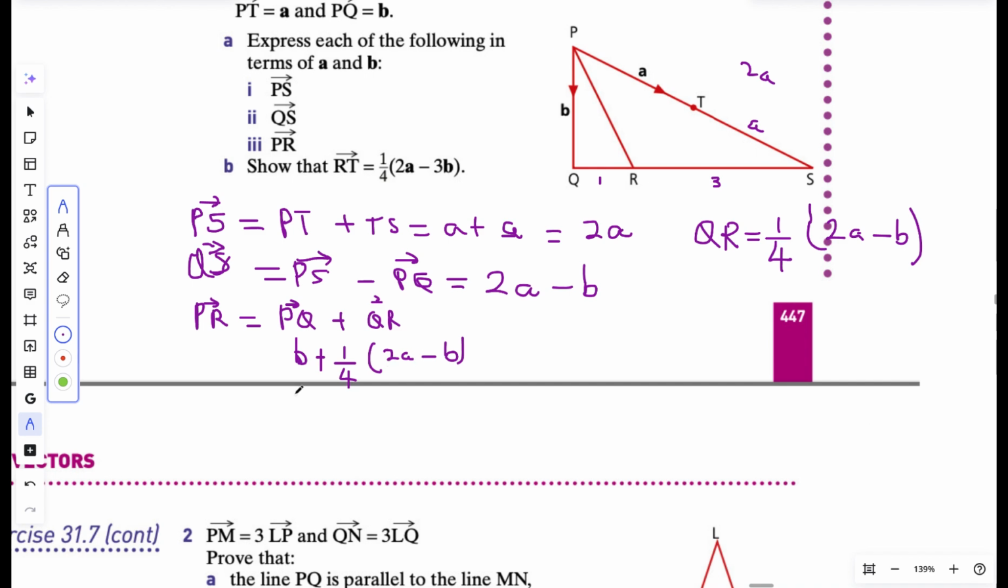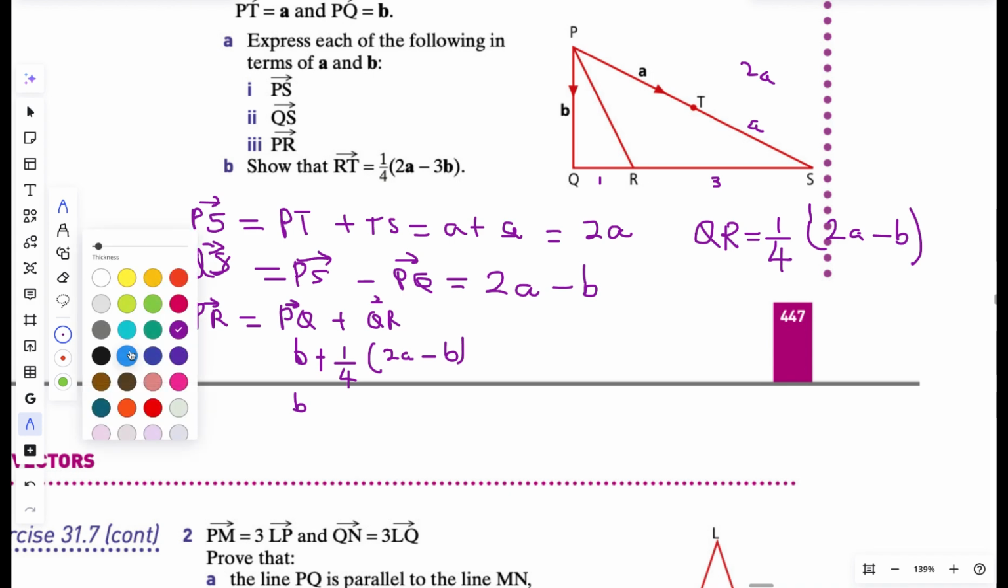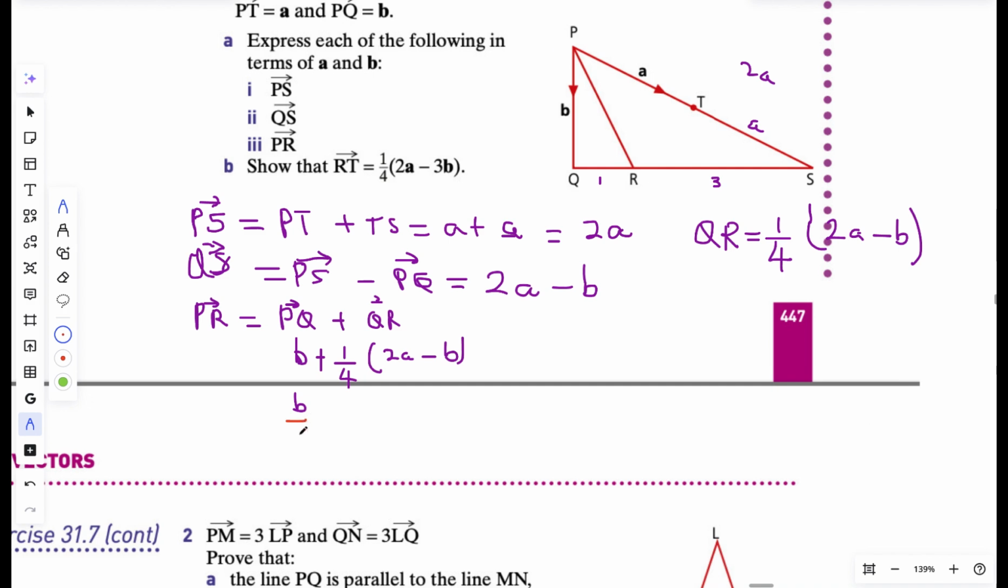So I will write B over 1 plus 2A over 4 minus B over 4.